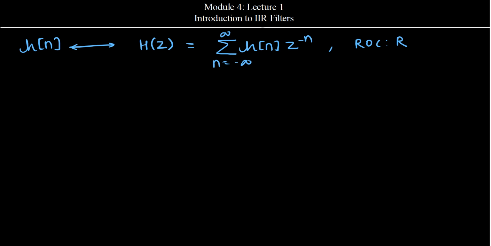And in the lecture 1 of module 2, we have seen that this h of z or the Z transform can be represented using the rational form.